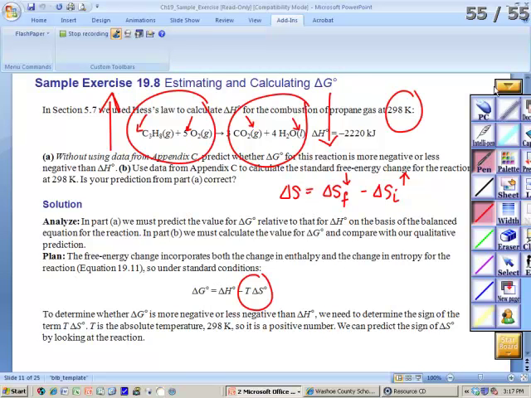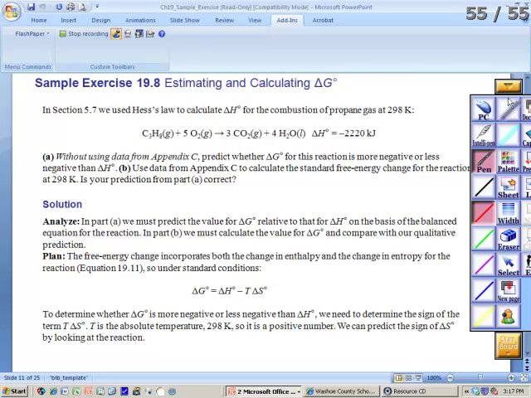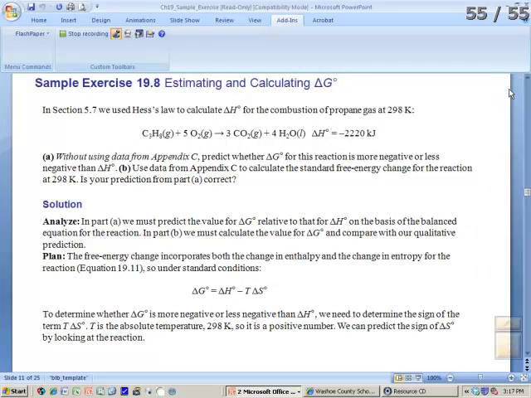Alright, so second part. Use data from Appendix C to calculate the standard free energy for the reaction at 298 K, and of course, is your prediction from Part A correct? Well, gosh darn, I hope it is. So now we get to use your appendix. I'm going to go ahead and scroll down.